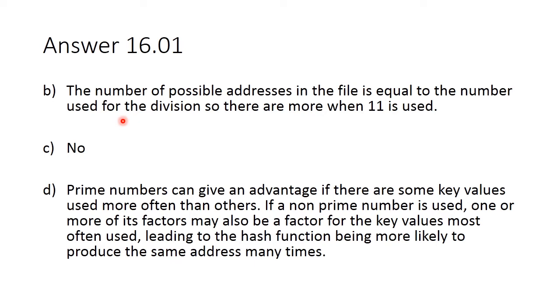Well, the difference is that the number of possible addresses in the file is equal to the number used for the division. So if you use a bigger divisor, then you have more addresses. If you use 11, it will have more addresses than 10.